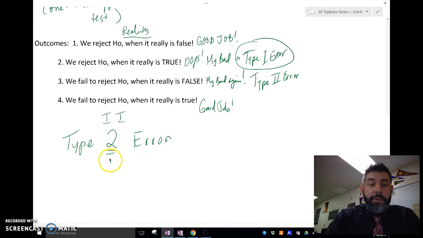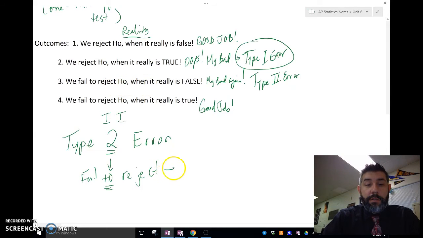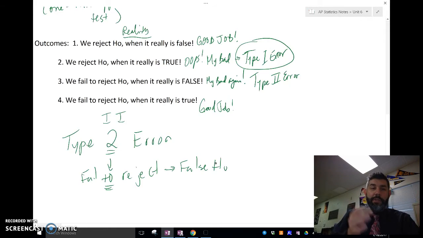Type 2 is fail to reject. We fail to reject the null when it's false. We fail to reject a false null. That's how you remember type 2. And then you remember that we reject, which is only one word before the null. We reject the null when it really is true is type 1 error.